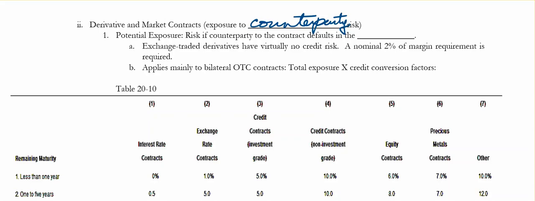Okay, so the risk if the counterparty to the contract defaults in the future, that's called the potential exposure. Now, if you have an exchange-traded derivative, like a futures contract, this really isn't a big concern. So there's just a very small percentage that would be multiplied by the margin requirement that is required by the exchange.